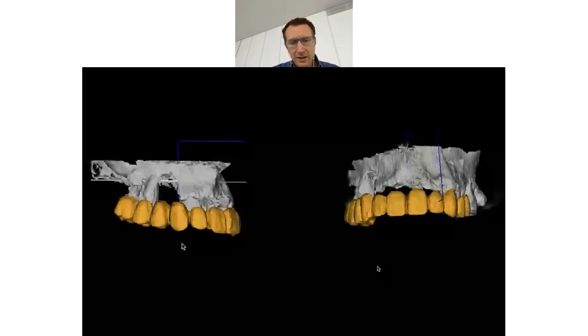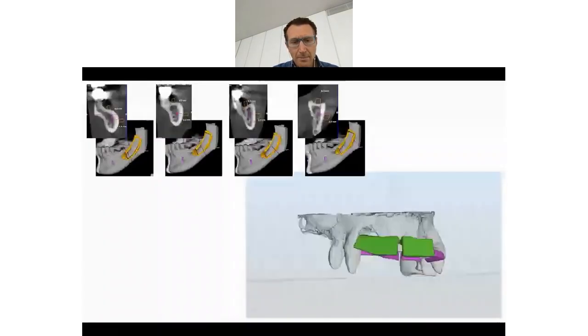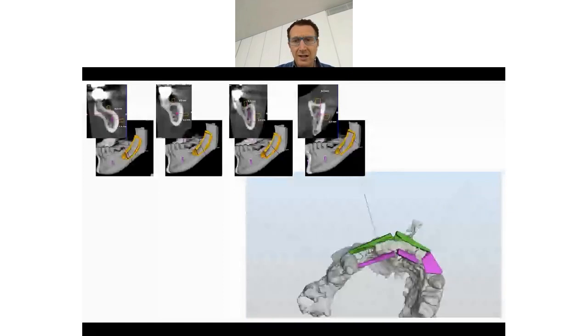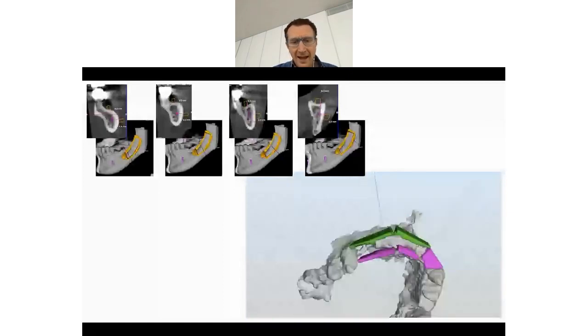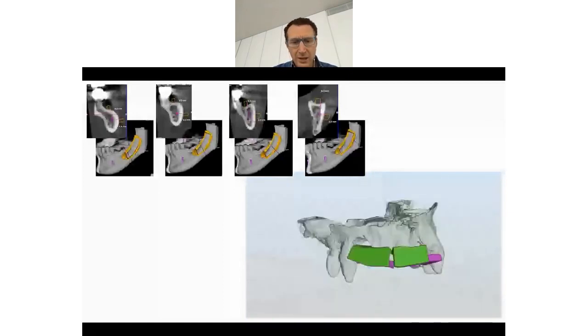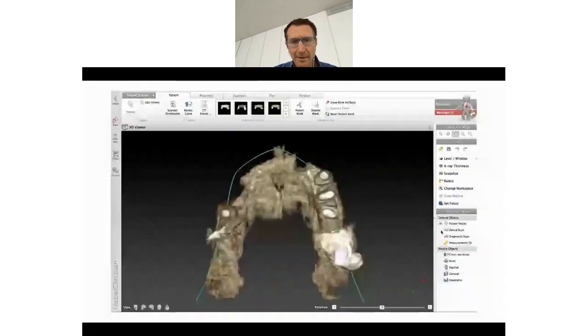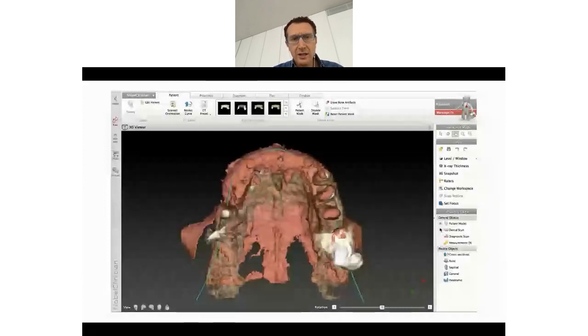We can simulate the bone augmentation digitally. We have a surgical plan, and then through the surgical plan we can go through the bone augmentation procedure. We can build up the bone completely, and then we can go to the implant placement.